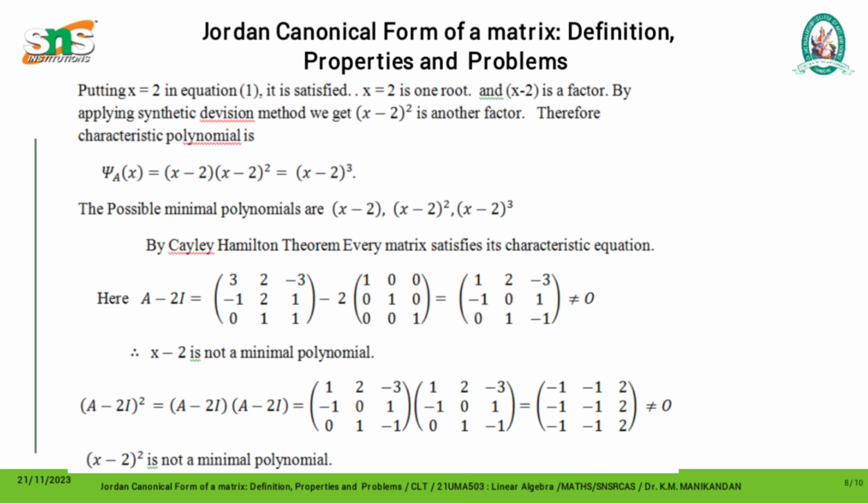For x minus 2, instead of x, you put A minus 2I. The matrix value is not equal to 0. Therefore, x minus 2 is not the minimal polynomial. Next we check A minus 2I the whole square, which is also not equal to 0. Therefore, (x minus 2) whole square is not the minimal polynomial.